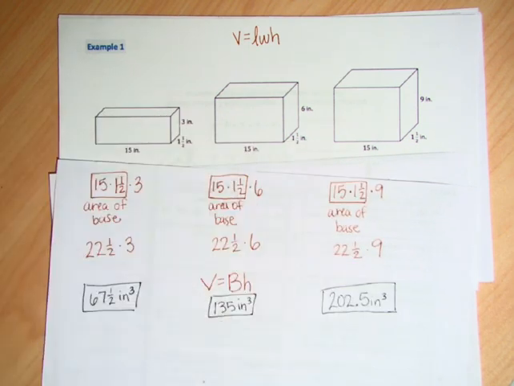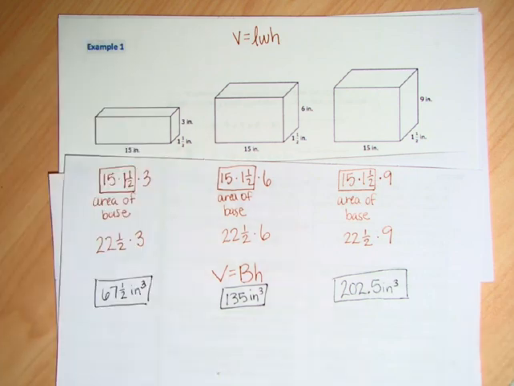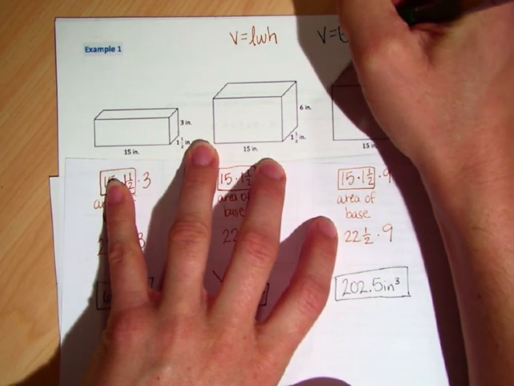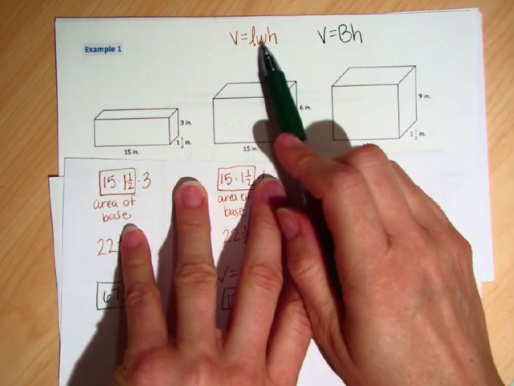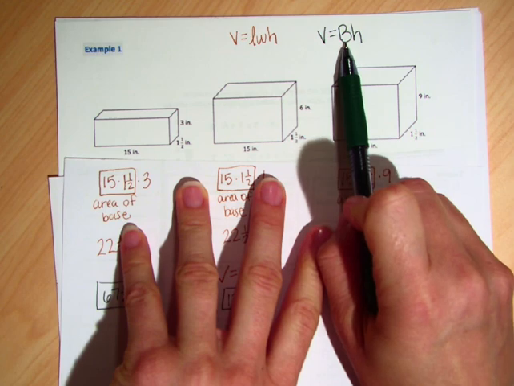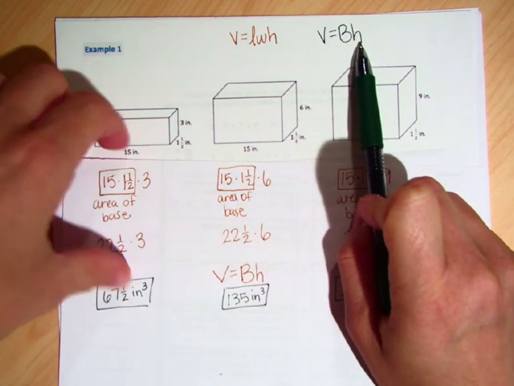Interesting. All right. Now that we know our new formula, area of the base times height, I'm going to put that up here. We could also use length times width times height. Sometimes we'll give all 3 dimensions and we can find it. Sometimes we only know the area of the base, the face on the bottom, and then we have to multiply that times height.